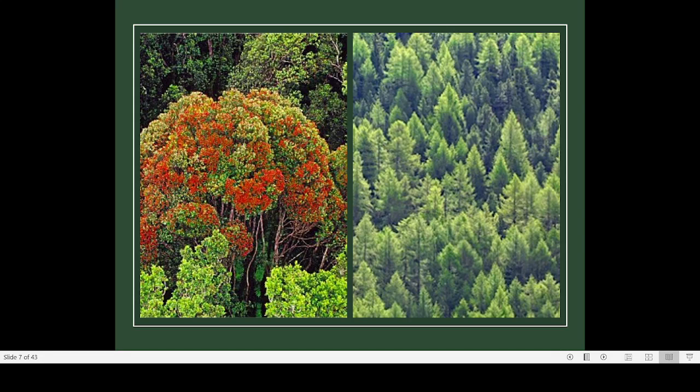One is a broad-leaved forest, the other is a coniferous forest. Coniferous mainly include pine, then casuarina, eucalyptus. Such kinds of plants contribute to the coniferous forest. Whereas in the case of tropical forest, most of the plants like mango or jackfruit tree are all broad-leaved plants.